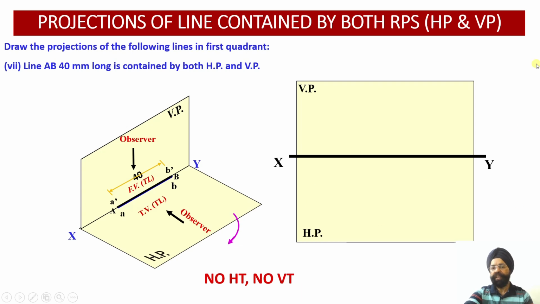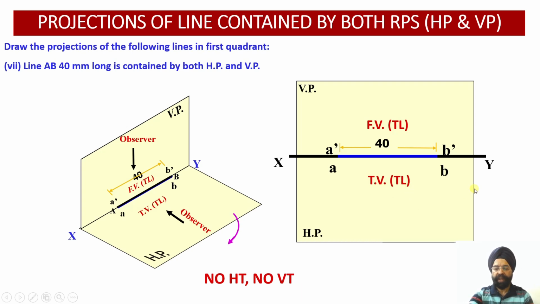So I've drawn the planes over here: vertical plane, horizontal plane and XY line. Now front view I have taken as blue, which is true length, A dash, B dash, 40 mm long. Top view, once again this will overlap. Just see, this is going to overlap and it will be represented by small ab, and again it represents the true length.